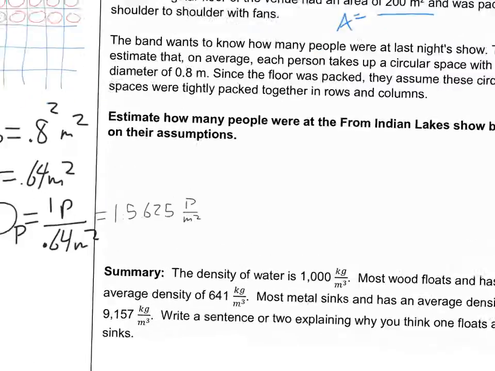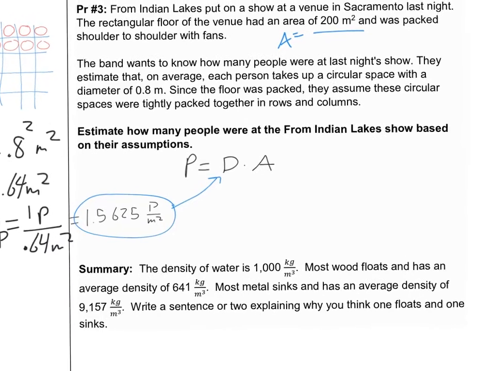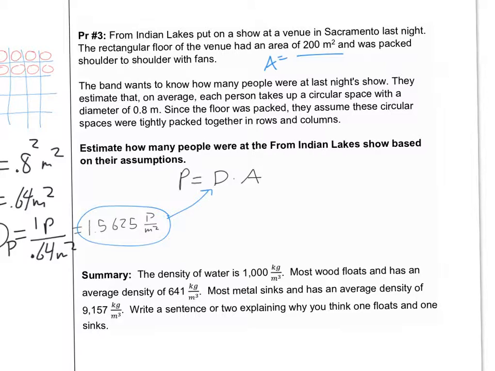So people equals density times area. Well, we know the density now, and we know the area of the whole venue too. It's right here. So we're just going to plug those things in. So density is 1.5625 people per square meter, and we could times that by 200 square meters.